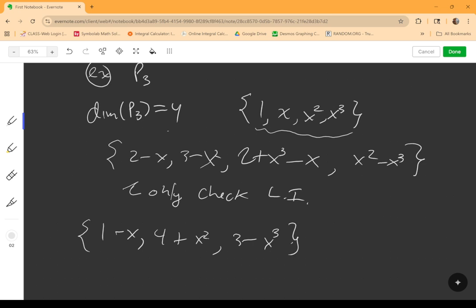So I don't even need to bother with checking any of these other conditions. Here, I know that theorem G tells me that this does not span V. In this case, V being P4, or P3, excuse me. There's just not enough vectors in there.